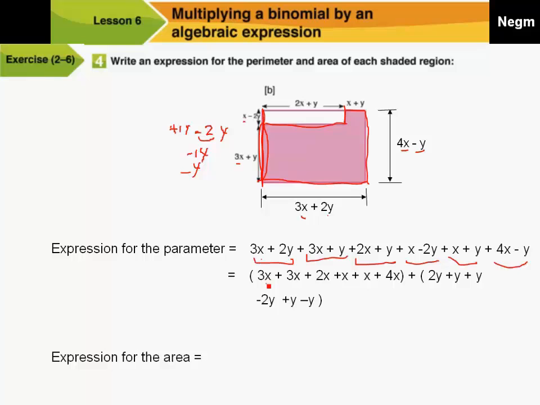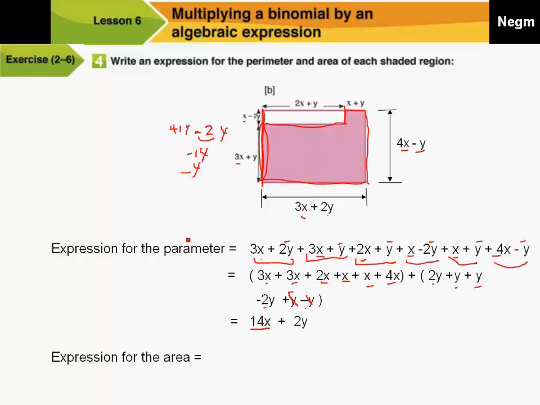We have 3x plus 3x plus 2x plus x plus x plus 4x, plus between two brackets we have 2y plus y plus y minus 2y plus y minus y. 3 plus 3 plus 2 plus 1 plus 1 plus 4 is 14x, and 2y plus y plus y is 4y, minus 2y is 2y, and this will be eliminated with this, so we have 14x plus 2y.